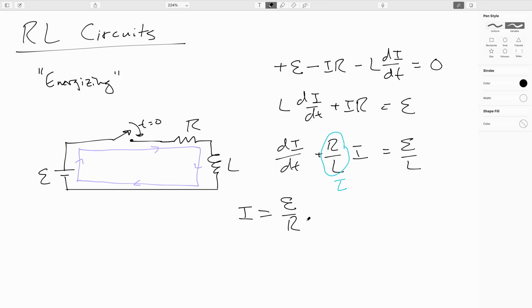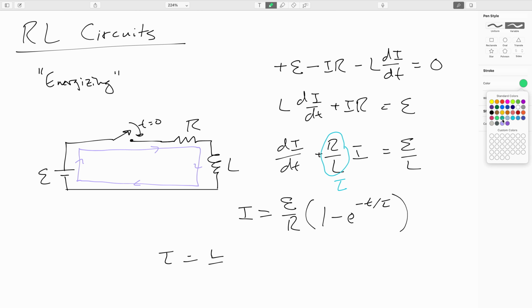So this will be our final max current times 1 minus e to the minus t over tau, where tau is L over R, which is again a time constant.